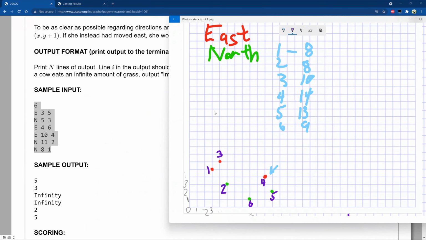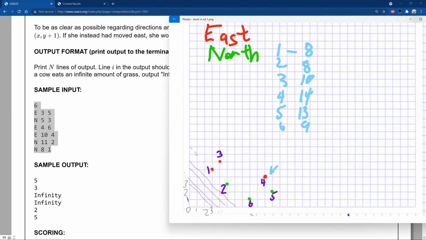So basically X plus Y is a constant, which indicates a 45-degree diagonal line. I can't draw these with my mouse, but these 45-degree diagonal lines, there will be progression along these lines. So let's see cow number 1 and cow number 2.